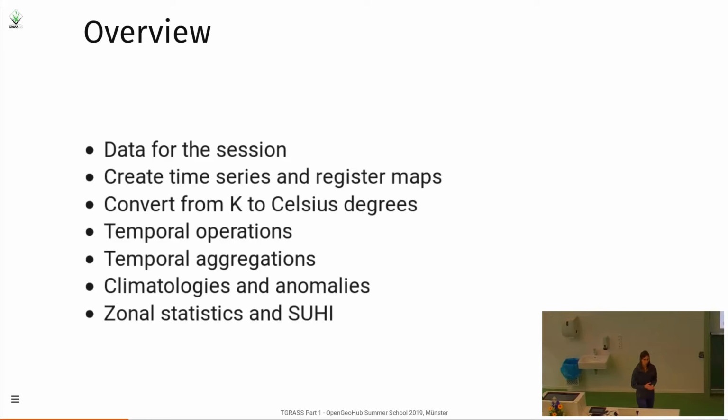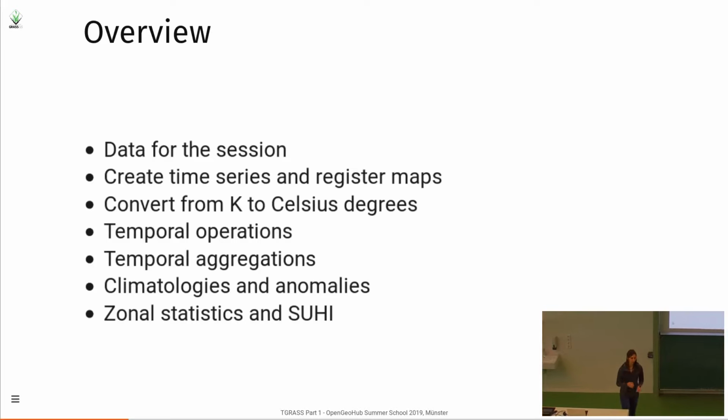And then we will do some temporal operations like extract the date of the maximum LST of the year and the date of the minimum and things like that. Temporal aggregations, estimate climatologies and anomalies.